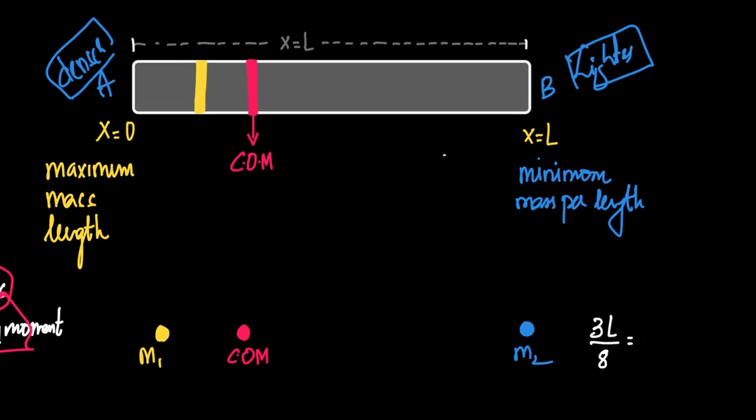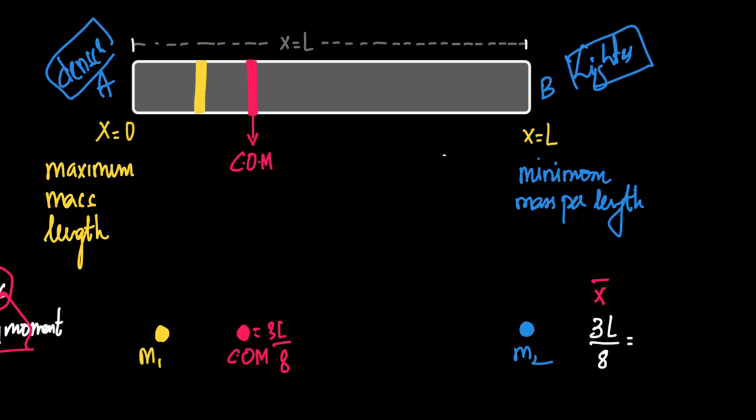Now, how is it relevant when it comes to discussion of center of mass? See, if we consider M1 to be the denser mass, and M2 to be the lighter mass, then the center of mass that we have calculated here, the x coordinate of center of mass, x bar, is equal to 3L by 8, right?